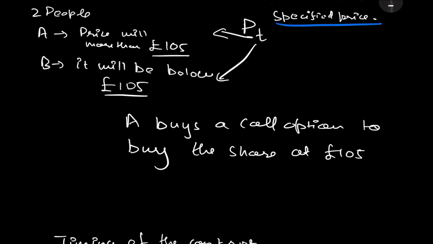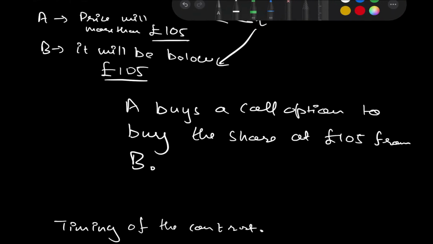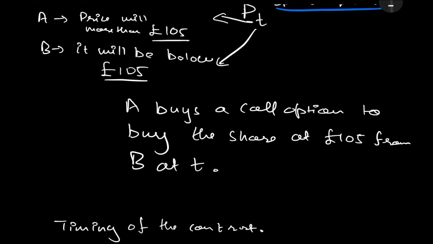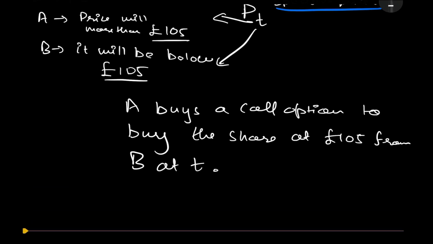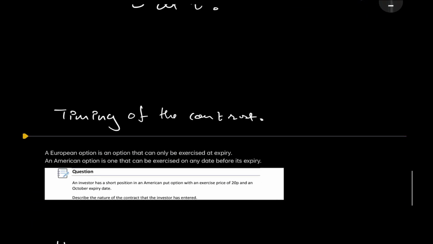So A buys a call option to buy the share at 105 from B. So B has an obligation, okay, at time t. So very simple sort of contract that I'm taking here just to explain the idea of option itself.